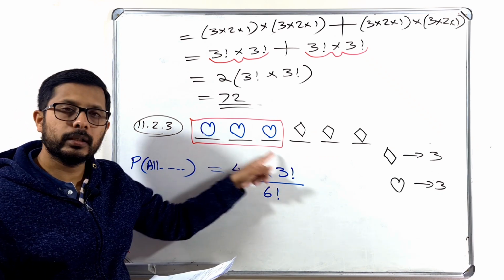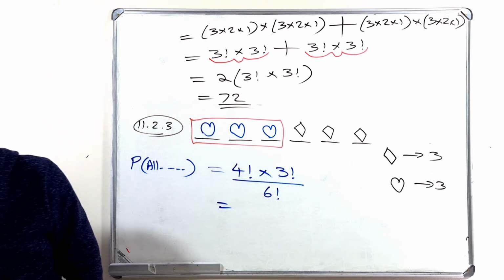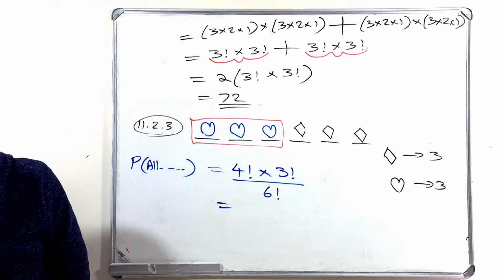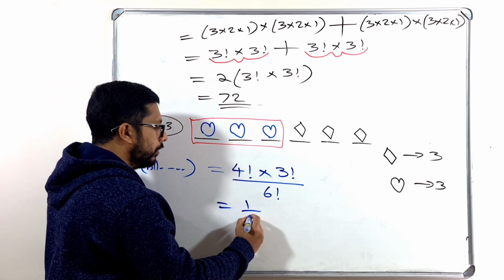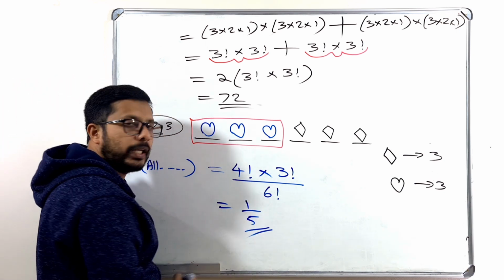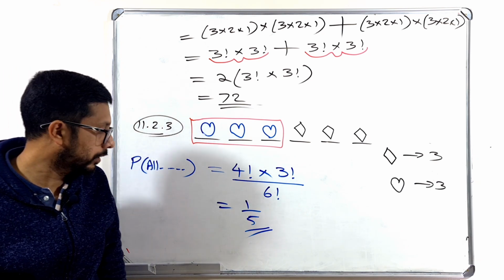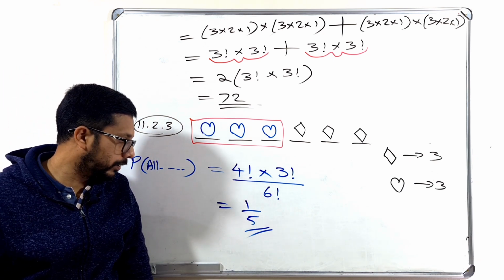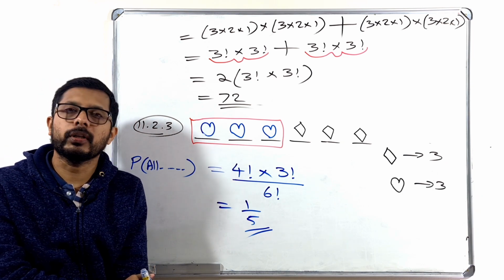So take your calculator and try to find the answer of this one. You will get 1 over 5. Either you can leave it like this or write it as a decimal, 0.2, or 20%. Anyway, the answer is 1 over 5.